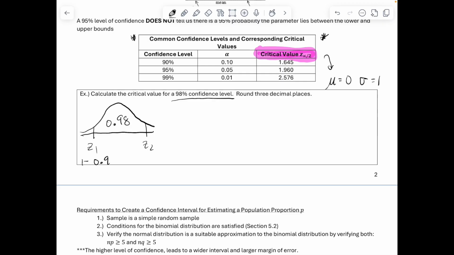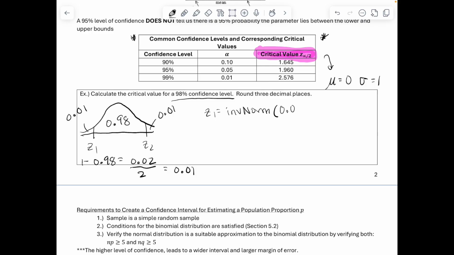So 1 minus 0.98 is 0.02, and this is how much area we have in the tails, but that has to be evenly split, so I'm going to divide it by 2, which is 0.01. Each of these tails has a very little area, 0.01, and if you add up all of those values, you should get 1 as your total area under the curve. To calculate our value for Z1, we have to use inverse norm.